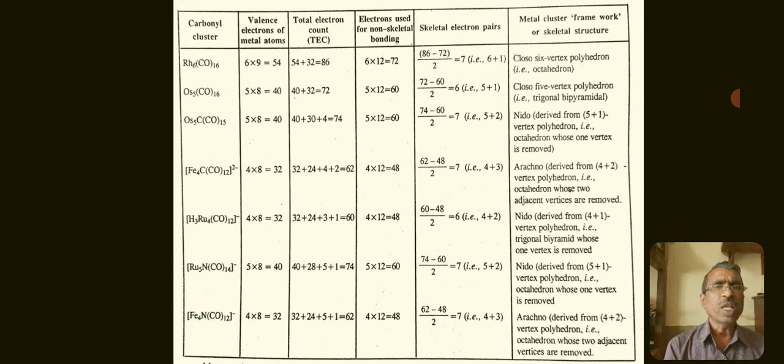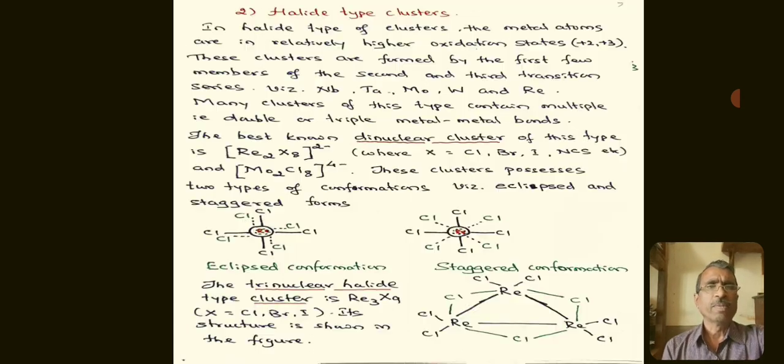M plus 3 is nothing but arachno structures. So this complex is having arachno structure, and this is how you have to calculate the other complexes, and you must know how to calculate the structures for these metal clusters.